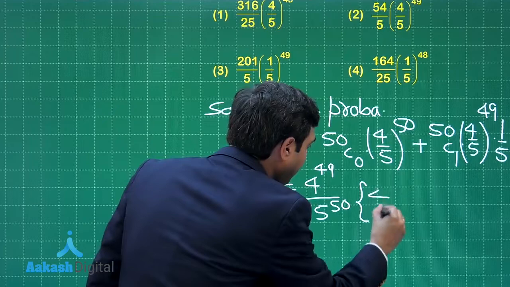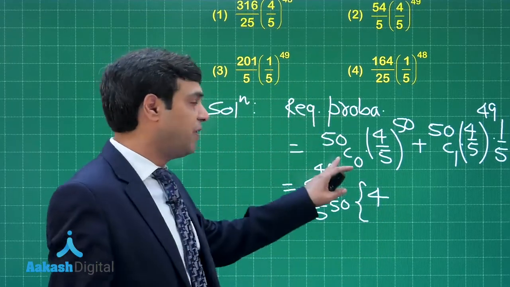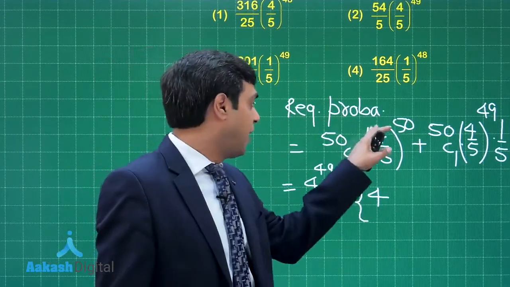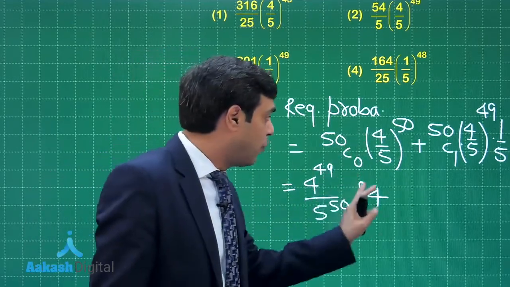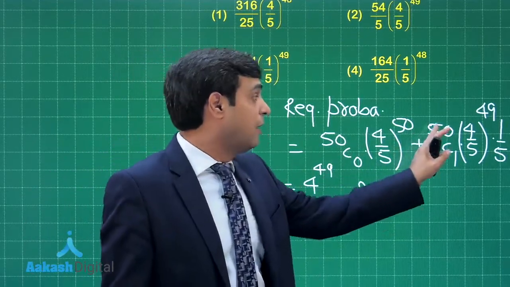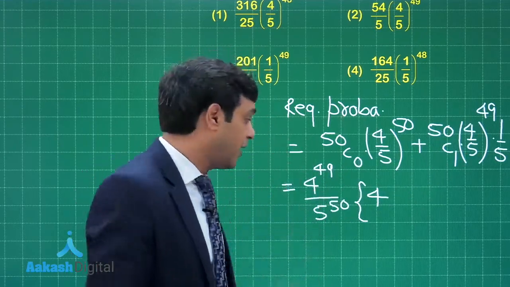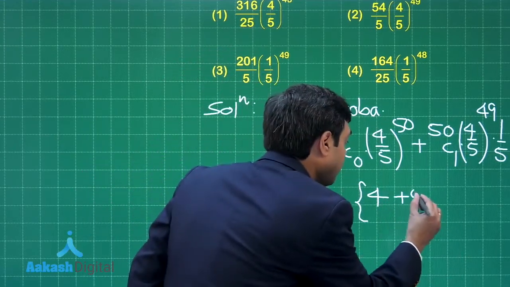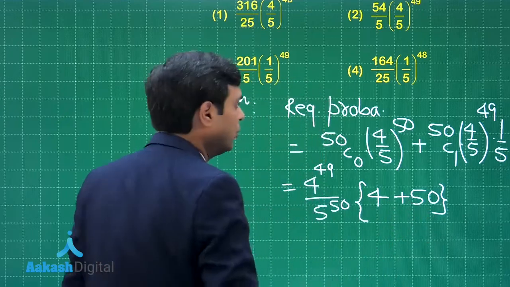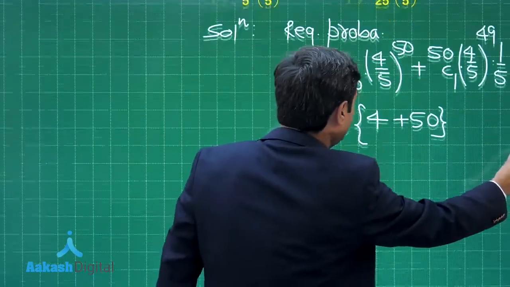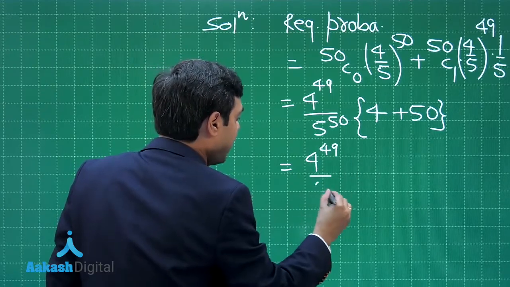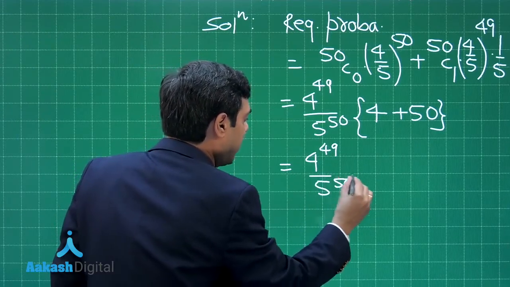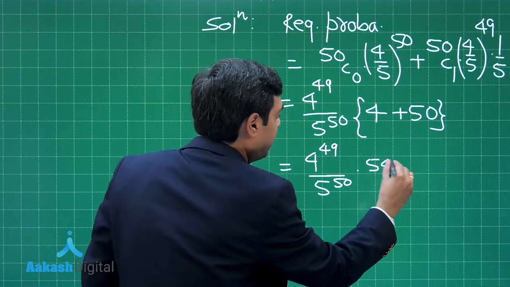So clearly we have for the first term 4, because 50C0 is 1, and we have 4^50, out of which 4^49 is taken common. So 4 plus 50, now 4^49 is totally taken out. So simply we have 50. So the result with us is 4^49 upon 5^50 multiplied with 54.